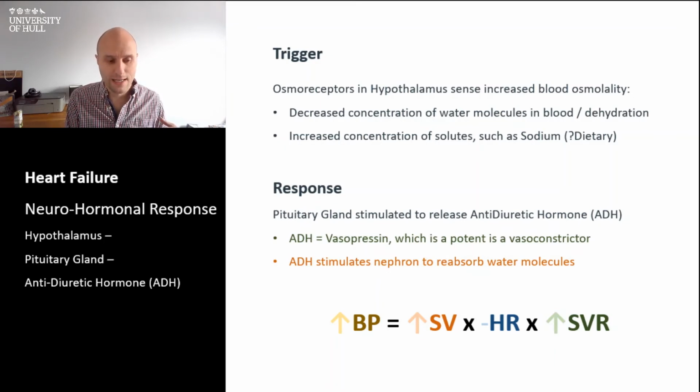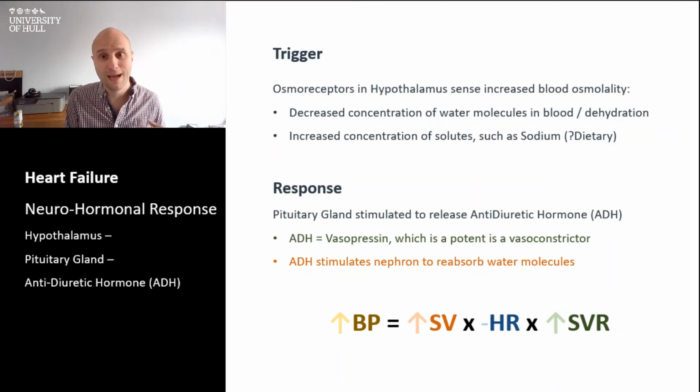They sense whether the blood is very concentrated with proteins and things like sodium, or whether there's sufficient water molecules and the blood is sufficiently dilute. And if, in the context of somebody being dehydrated, the blood isn't sufficiently dilute, or there isn't a high enough concentration of water molecules, might be a better way of putting it, then it stimulates thirst, but it also stimulates the reabsorption of water from the kidneys.